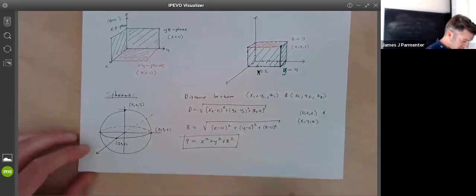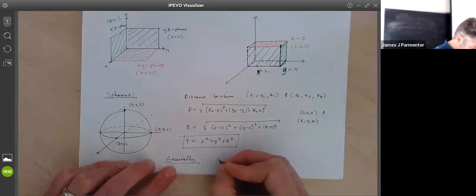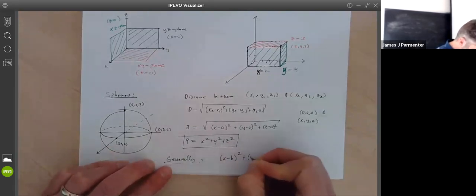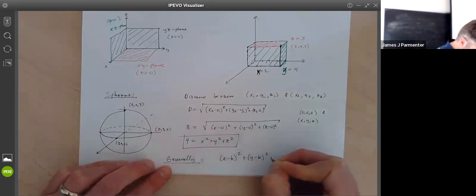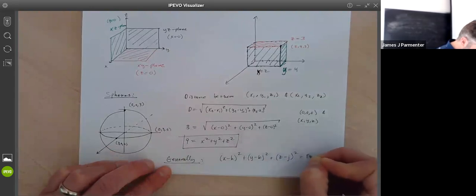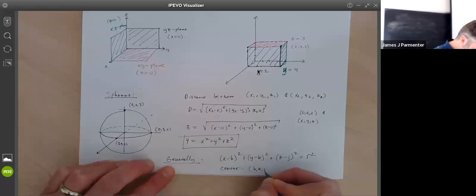And then more generally, the equation of a sphere is given by (x minus h) squared plus (y minus k) squared plus (z minus j) squared equal to the radius squared, is the equation of a sphere with a center of (h, k, j) and a radius of r.